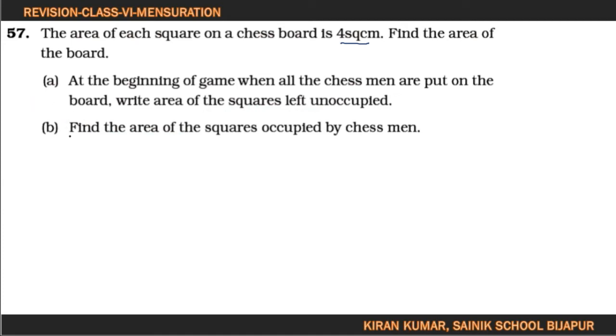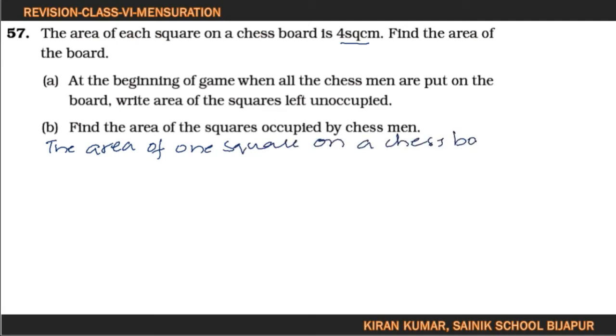Here, the area of one square on a chessboard is 4 centimeters square.